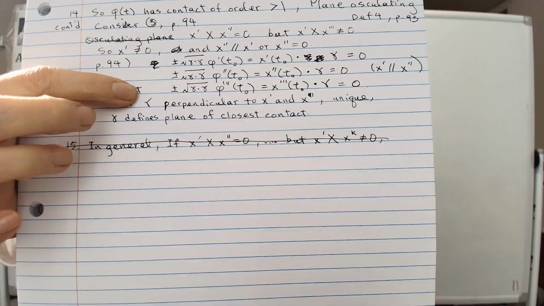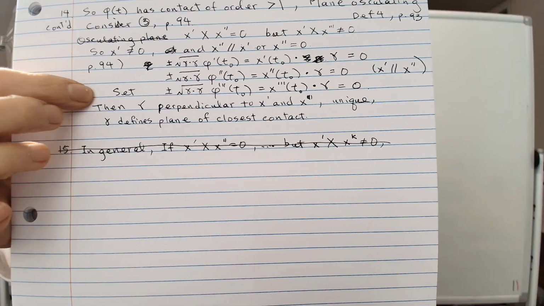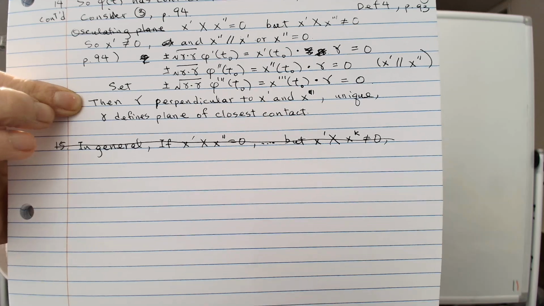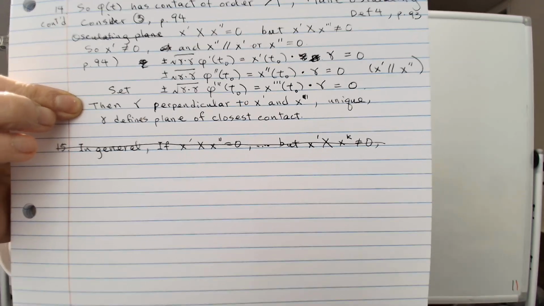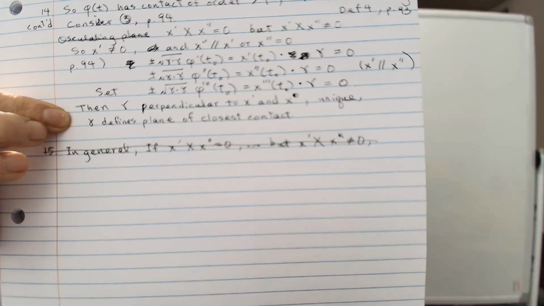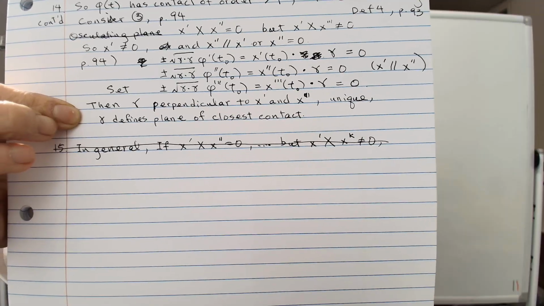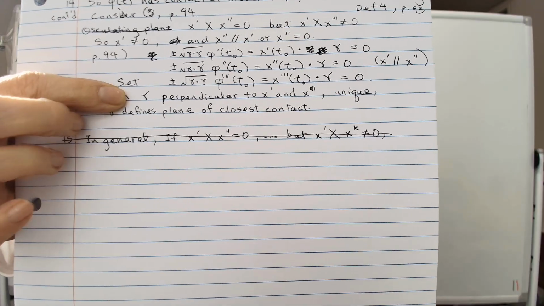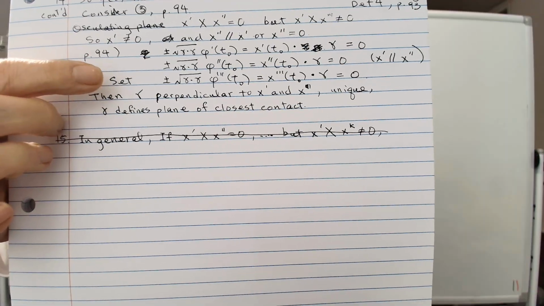I wrote it down here, and then we define gamma as perpendicular to both x prime and x triple prime. Using the same argument there, I can show that there is a unique gamma, defined as x prime cross x triple prime.